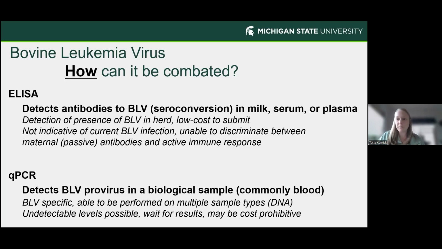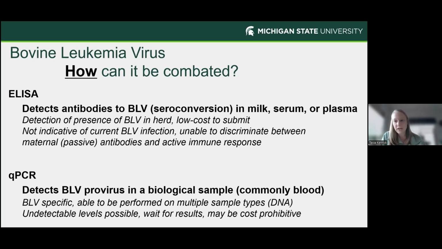The results come back fairly quickly, but it is unable to discriminate between maternal passive antibodies and active immune response. So if you talk to anyone that's running the ELISAs or the labs, they'll suggest that you wait for the animal to be old enough that they have an active immune system and they're not protected by those maternal antibodies, because the ELISA doesn't discriminate between the two.